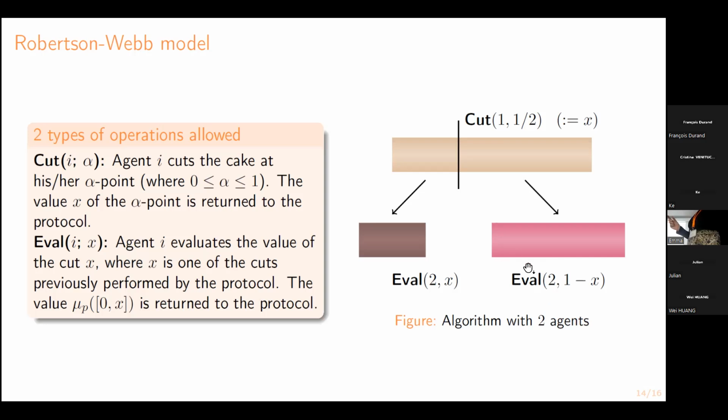And here I say to agent 2, evaluate the interval 1 minus x. And yeah, so we have those two. And then, of course, the operation here that is not taken into account is me comparing the evaluations. So in this model, it is not taken into account. There is another model that takes into account the operations the mediator does. But in this one, you don't.